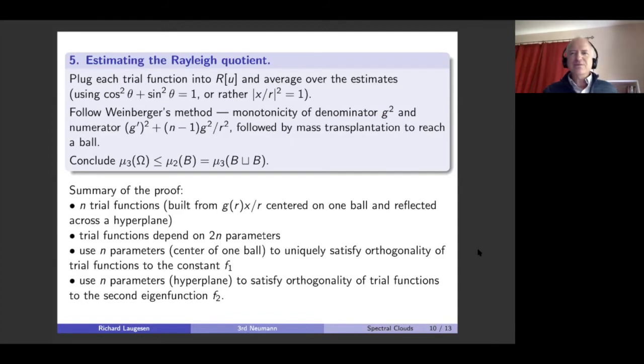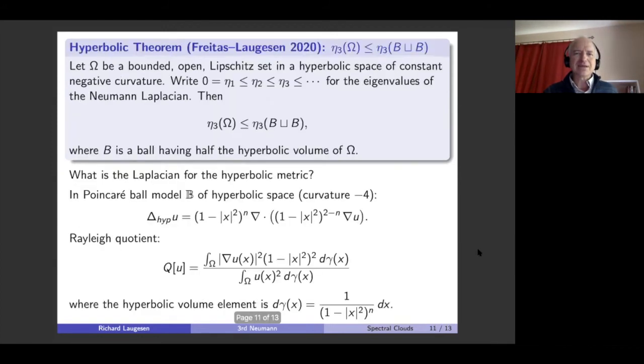Right, so I did promise something about hyperbolic space, and so I'll at least state what the operator is and what the theorem is, but we won't do the calculations. So we're now dealing with hyperbolic space, which I like to think of as the hyperbolic ball. And so we're going to work out the Laplacian in the ball model, but that's just a model of hyperbolic space.